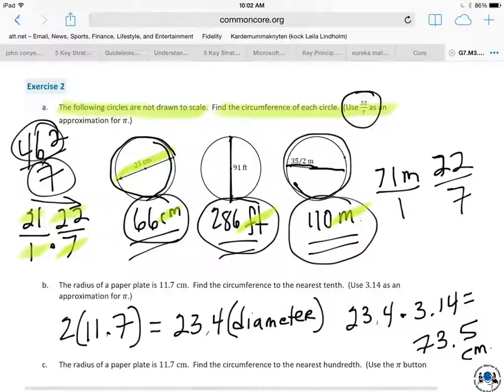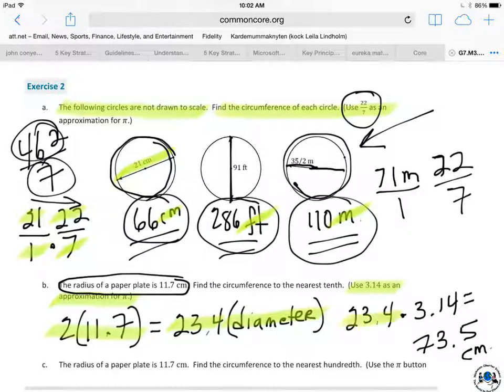Okay? All right, now with B, they asked you to go ahead and use 3.14 as an approximation for pi. Now, they start off with just telling you that the radius of a paper plate is 11.7 centimeters. This example is similar to this one here, where you're given a radius. So in this first step, I had to do 2 times 11.7, which gave me 23.4, which was my diameter.